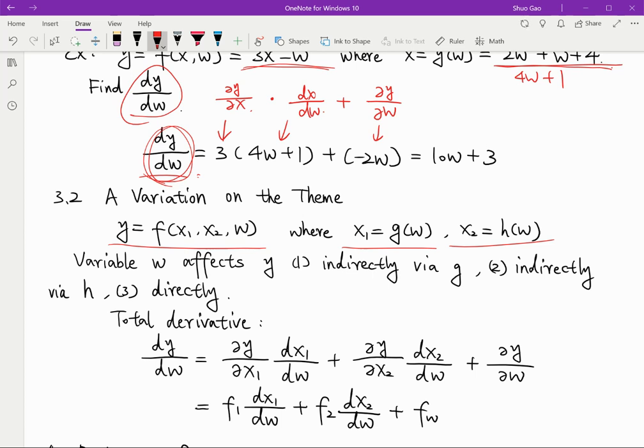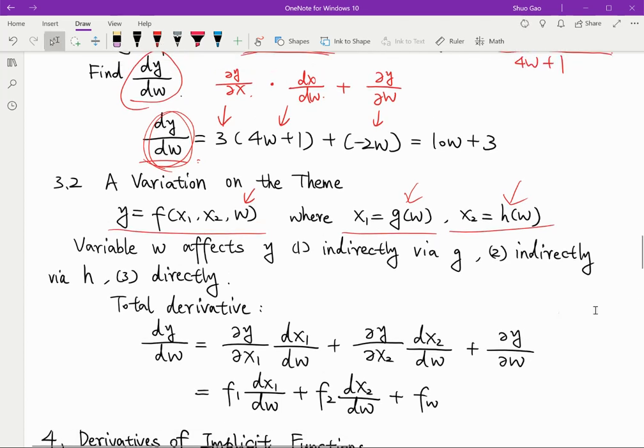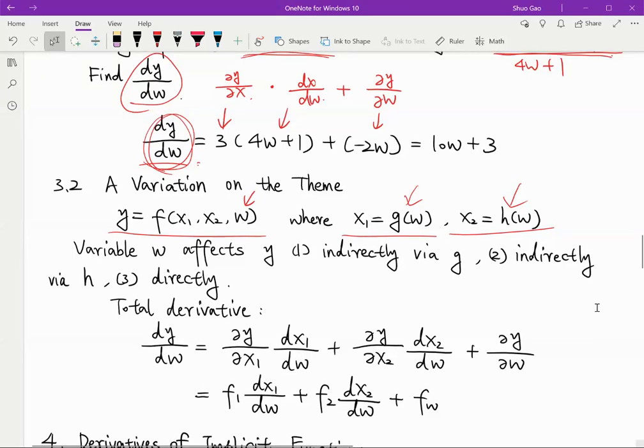And then, again, the variable w can affect y. First indirectly via the function g, then indirectly via the function h, and then directly through the function f. Right. So in this case, again, there are two ways to find the total derivative.